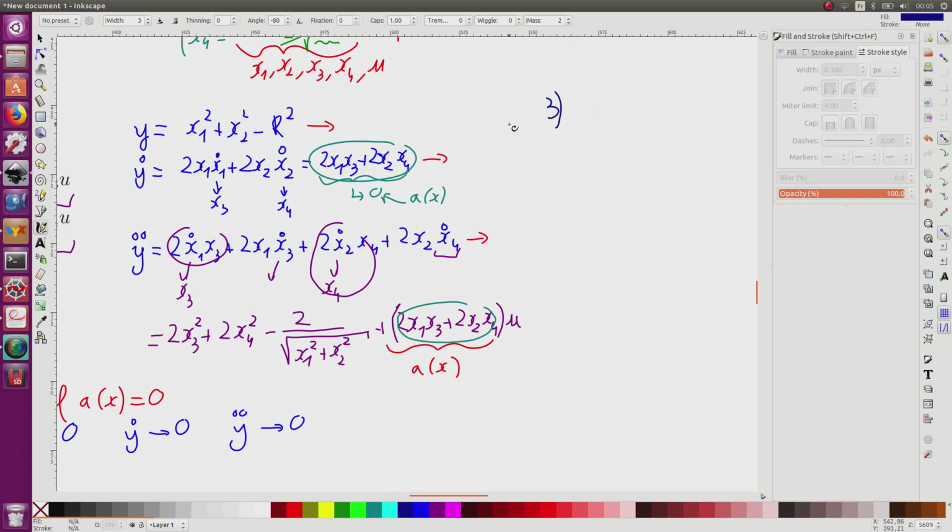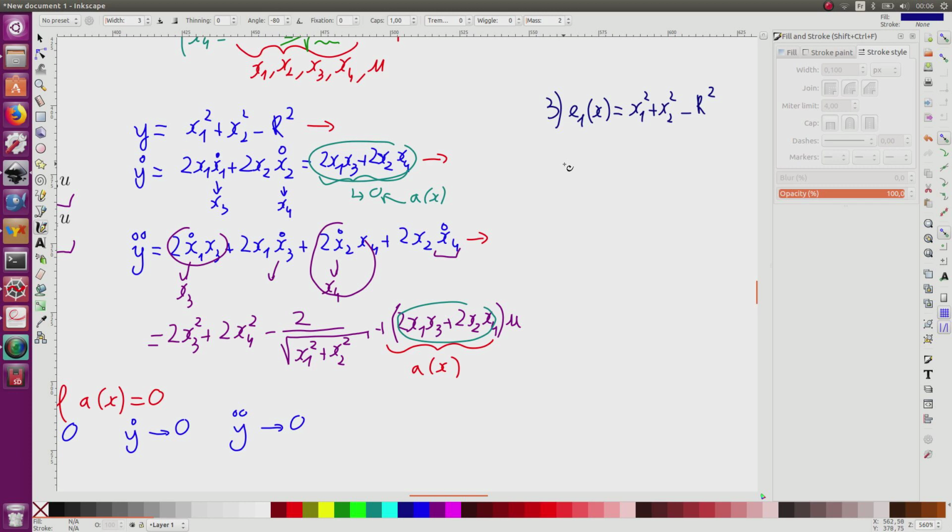So one corresponds to, let's say, E1, which depends on x, and will be x1 square plus x2 square minus r2. So I want E1 to be equal to 0.